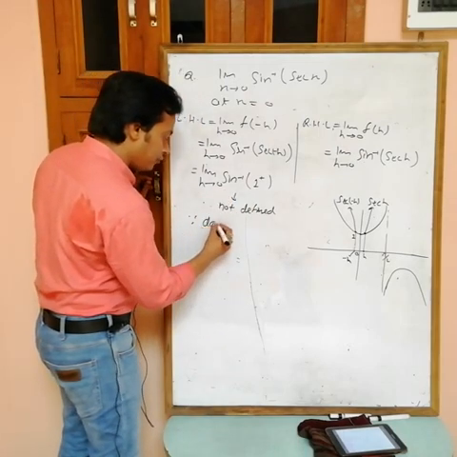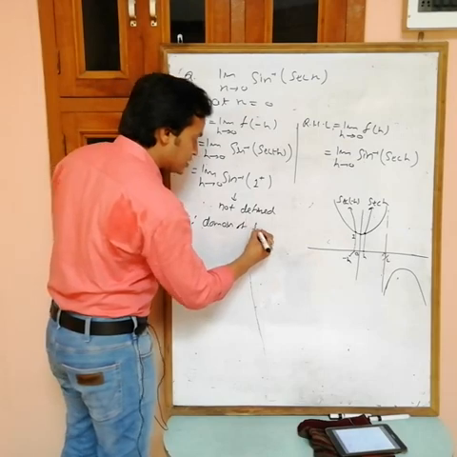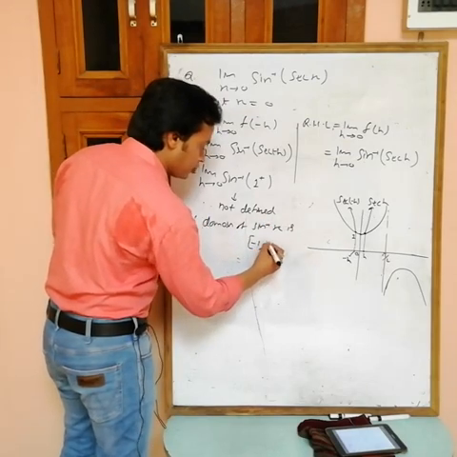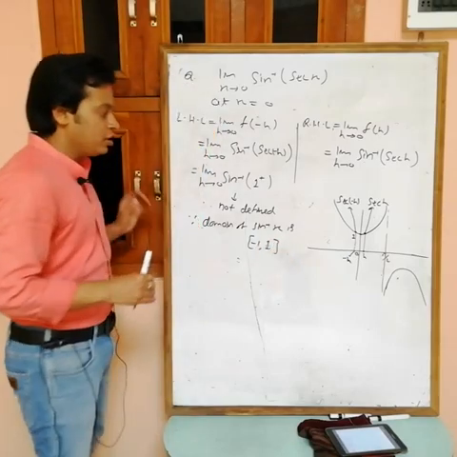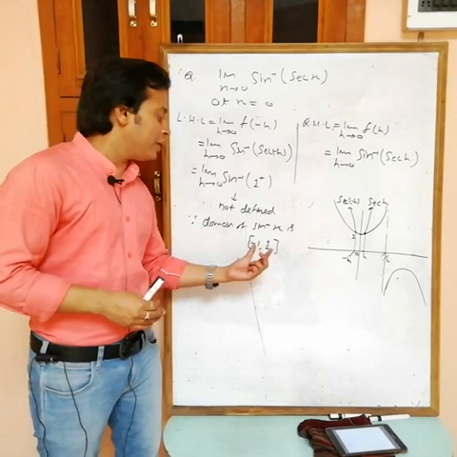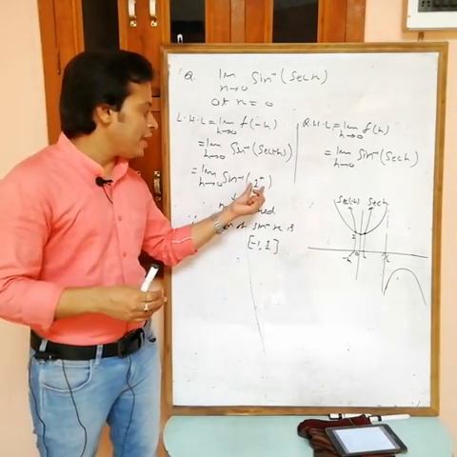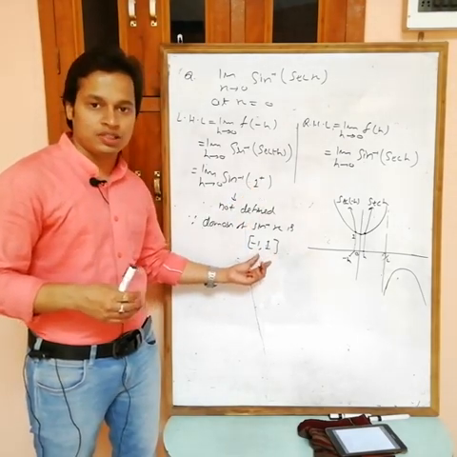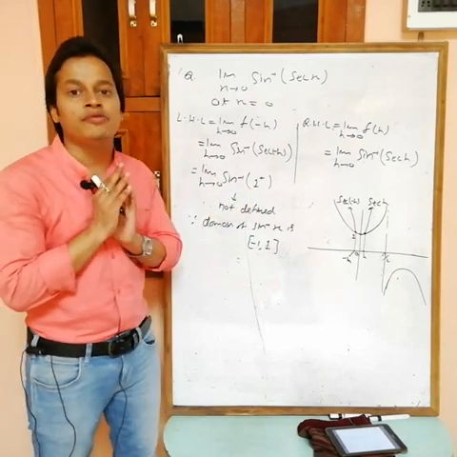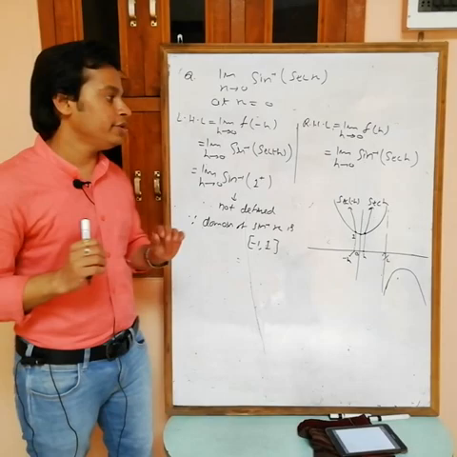Because the domain of sine inverse x is minus 1 to plus 1. So sine inverse is not defined for any value of x which does not lie in this interval, and here x is outside this interval. This is greater than 1, so sine inverse is not defined.